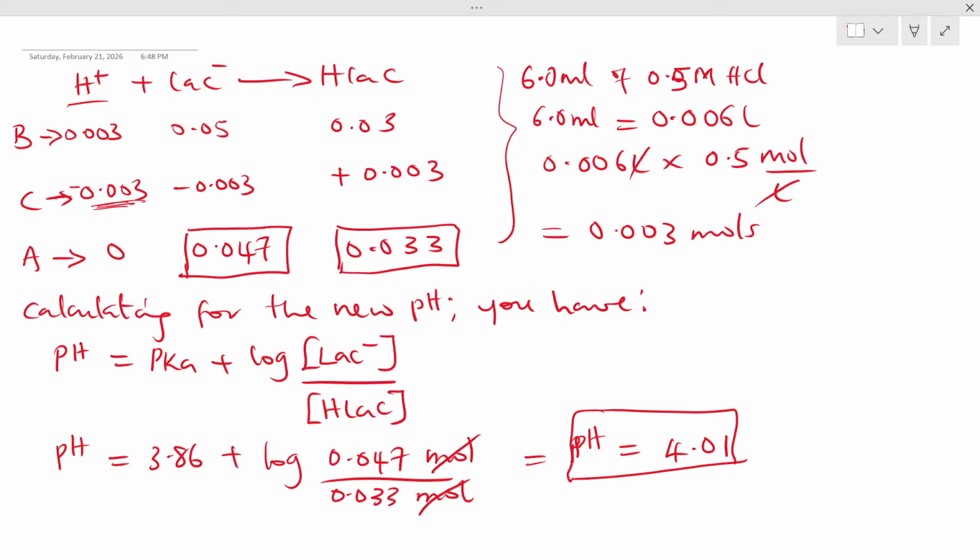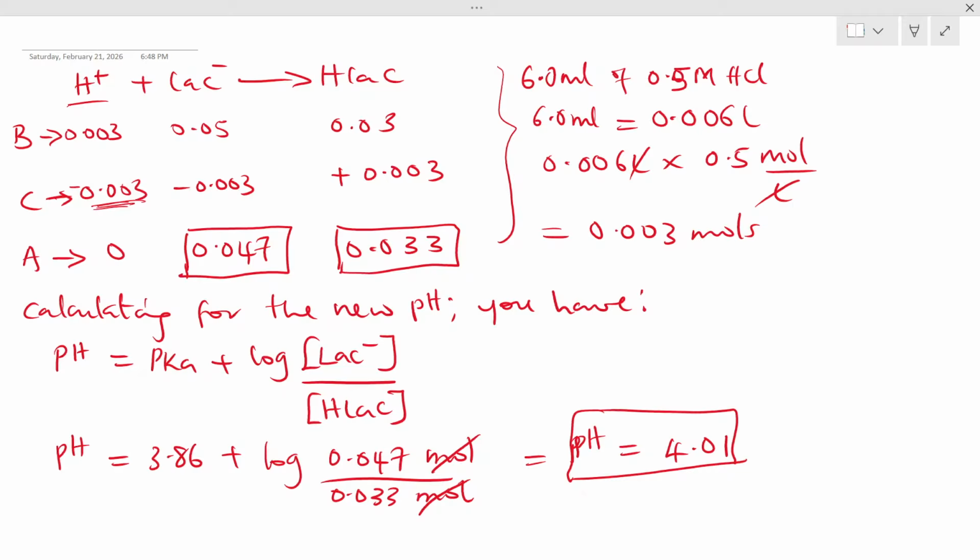Okay, yes, we've actually calculated the initial pH before, which is 4.08. So to get the change is to use the final pH minus the initial pH.